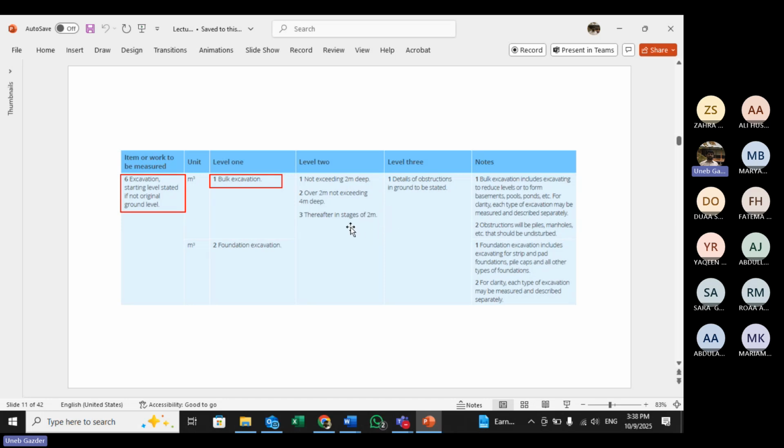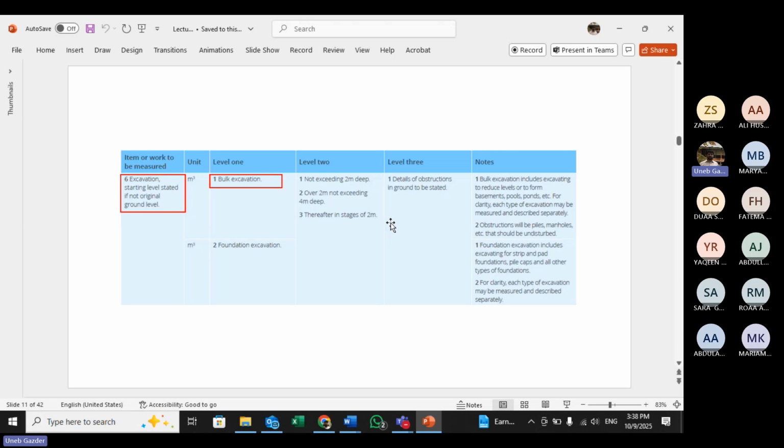So they are in stages of 2 meters, meaning after 4 meters, you will see, is it exceeding 6 meters? Then you will mention bulk excavation exceeding 6 meters. Is it exceeding 8 meters? Then you will say bulk excavation exceeding 8 meters, or exceeding 10 meters.